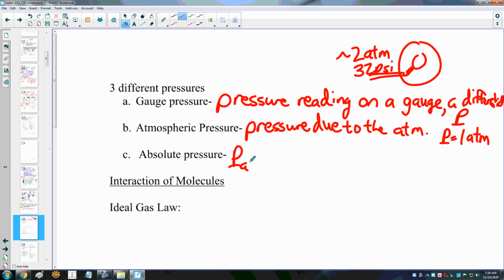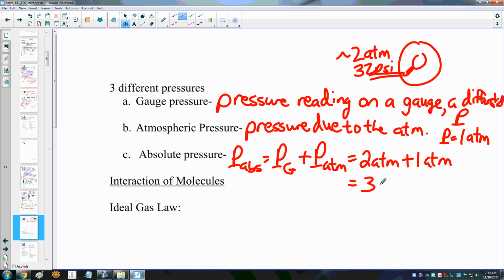So absolute pressure will be equal to your gauge pressure plus your atmospheric pressure. For example, in my tire, my absolute pressure is going to be that 2 atmospheres, or 32 psi, plus the 1 atmosphere that's already there. And so it's going to be a total absolute pressure of 3 atmospheres.